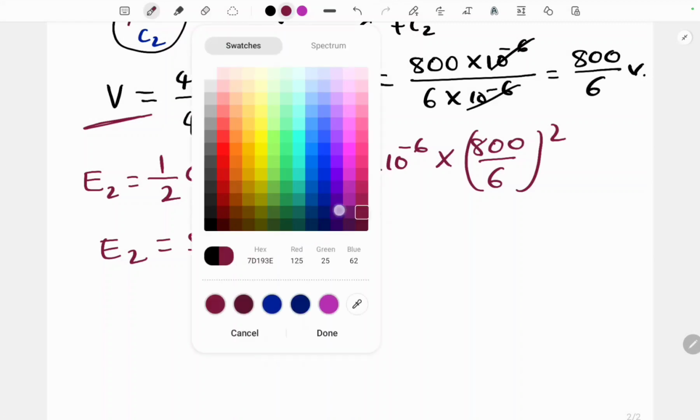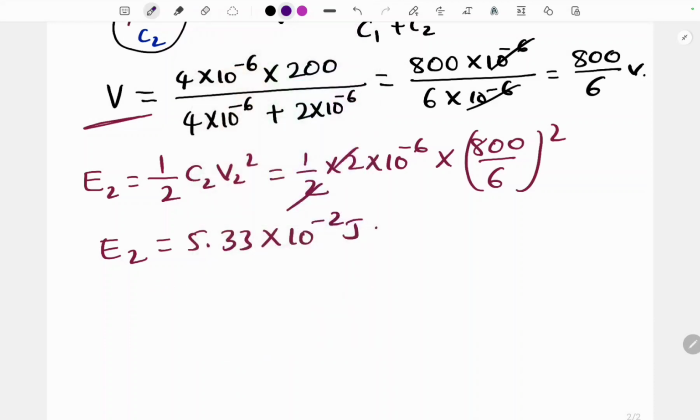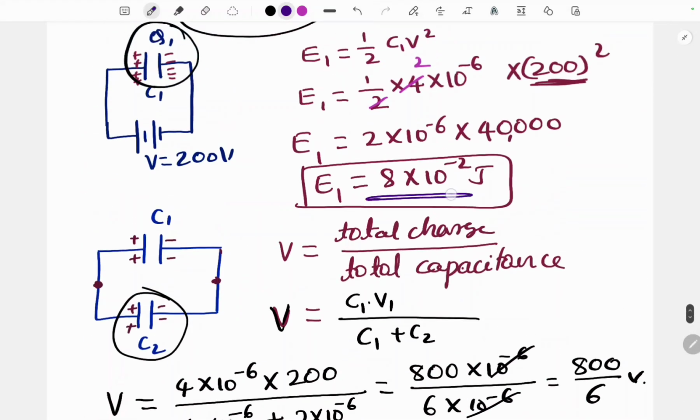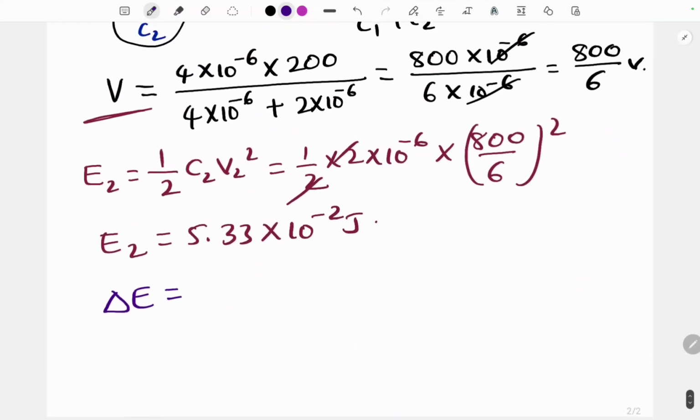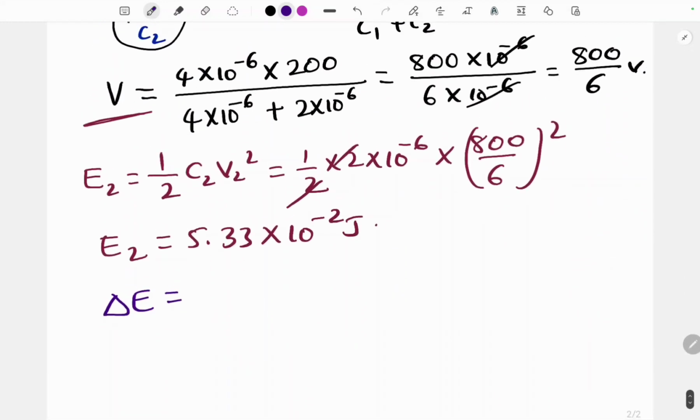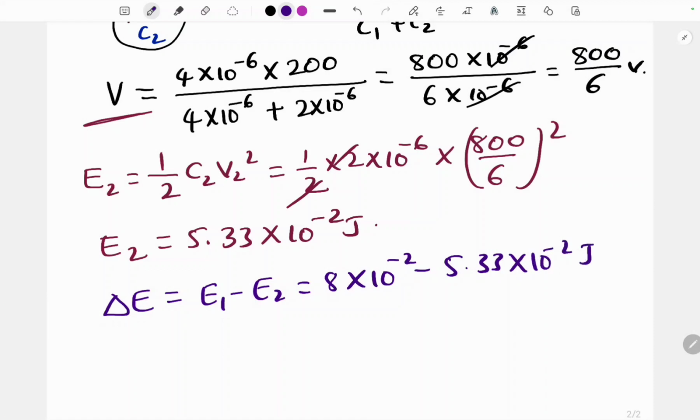Okay, finally we need to calculate the change in energy. So which one is greater? E1 is greater, that is 8 into 10 to the power minus 2, here 5.33 into 10 to the power minus 2, so just calculate that. That is E1 minus E2, 8 into 10 to the power minus 2 minus 5.33 into 10 to the power minus 2 joules.